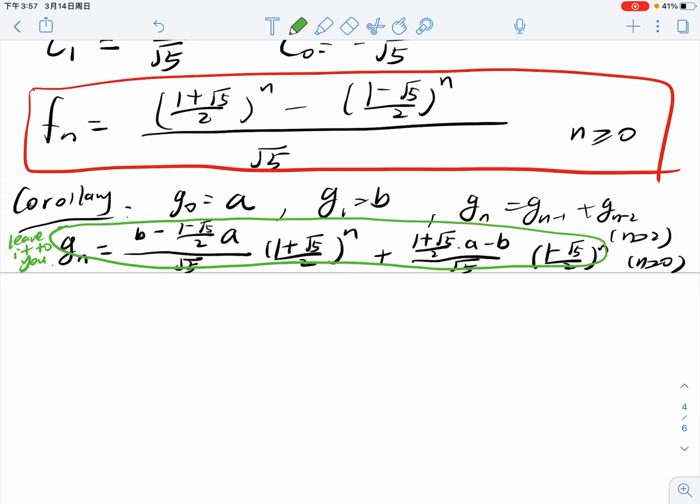Firstly, when you use this formula to compute something on a computer, it gives you no good, because square root 5 gives you a lot of decimals, and when you take the nth power, you will have some inaccuracy due to the computing. And secondly, from this formula, you cannot even say that Fn is an integer, so it hides something. Okay, so when you have some formula, don't be too happy, and if you don't have formulas, also don't be too sad.